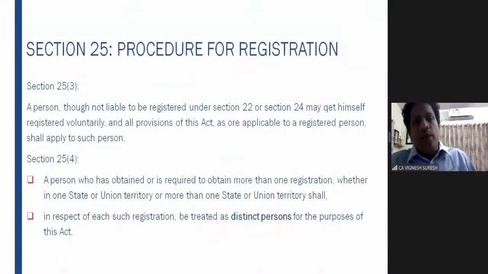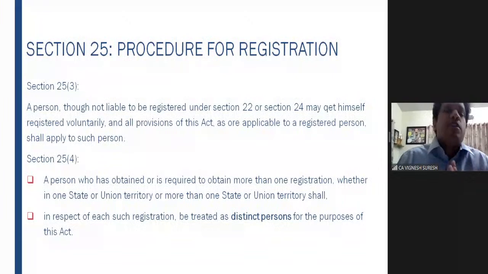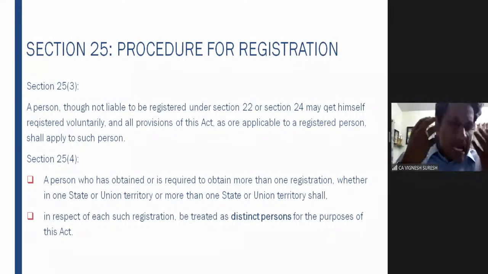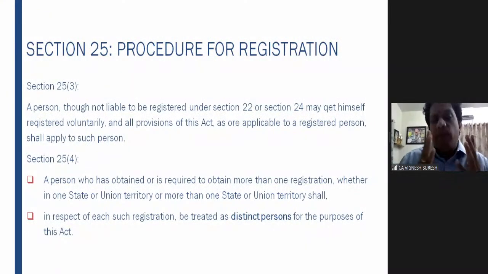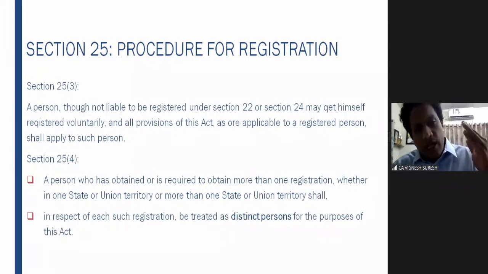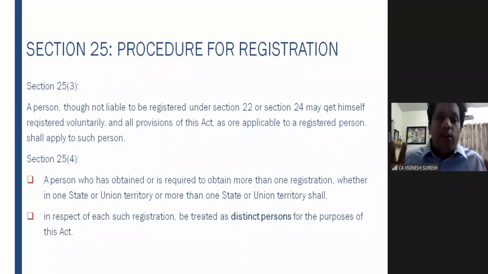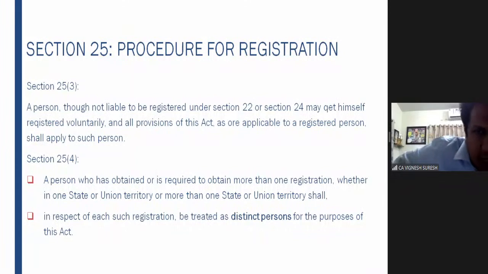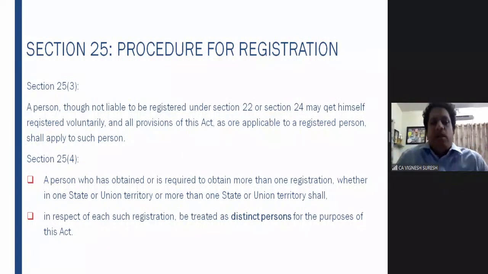So therefore, in this particular situation, 25 subsection 3 was a section which was taken into consideration by a lot of businessmen. Even though a person is not liable to be registered under 22 or 24, he may get himself registered voluntarily, and all the provisions of the Act as are applicable to a registered person shall apply to such person.